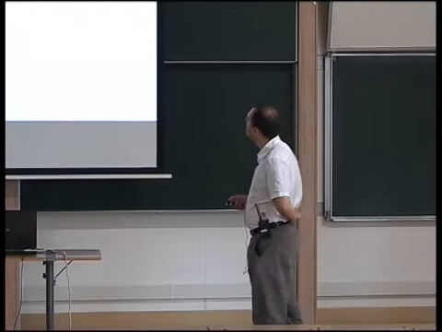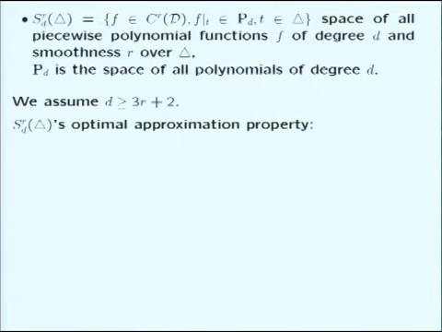Now, what is the space of splines here? S_d^r(Delta) is the space of piecewise polynomial functions over each triangle with smoothness over the whole domain, some specified smoothness.